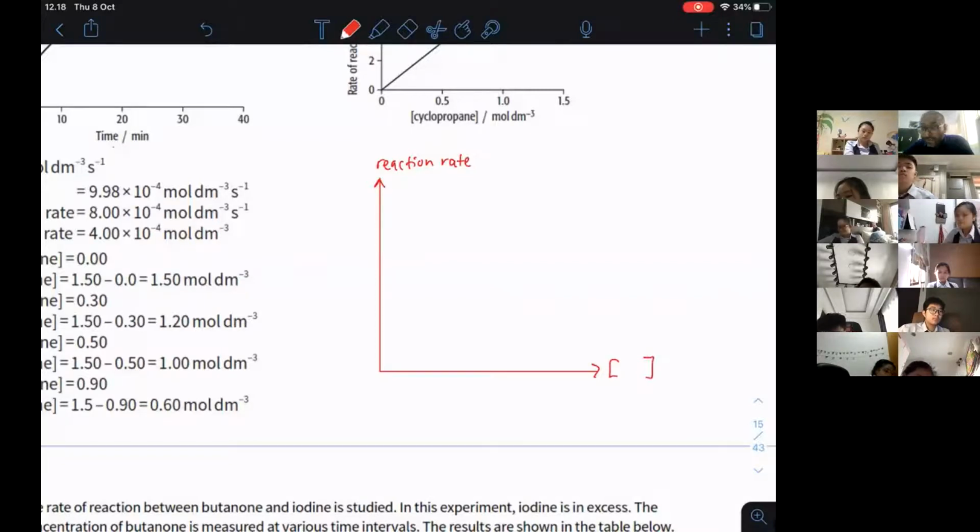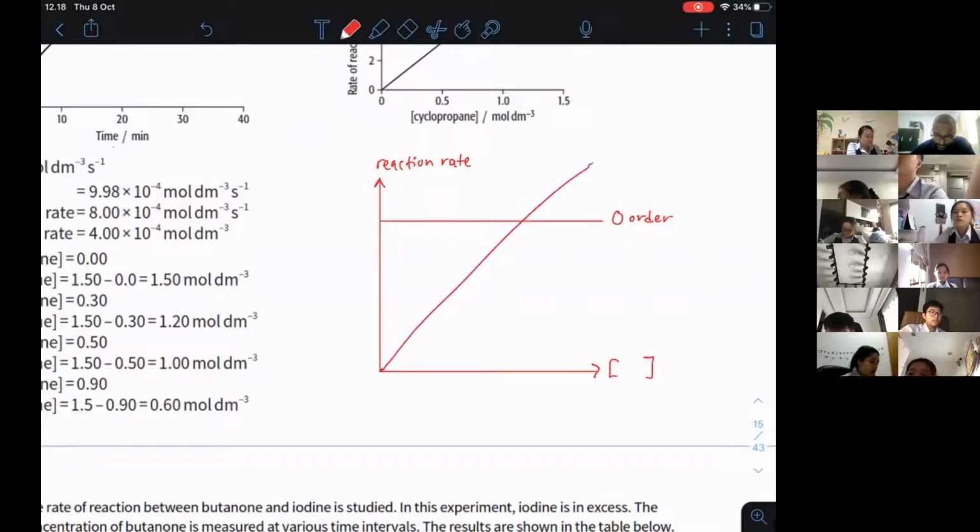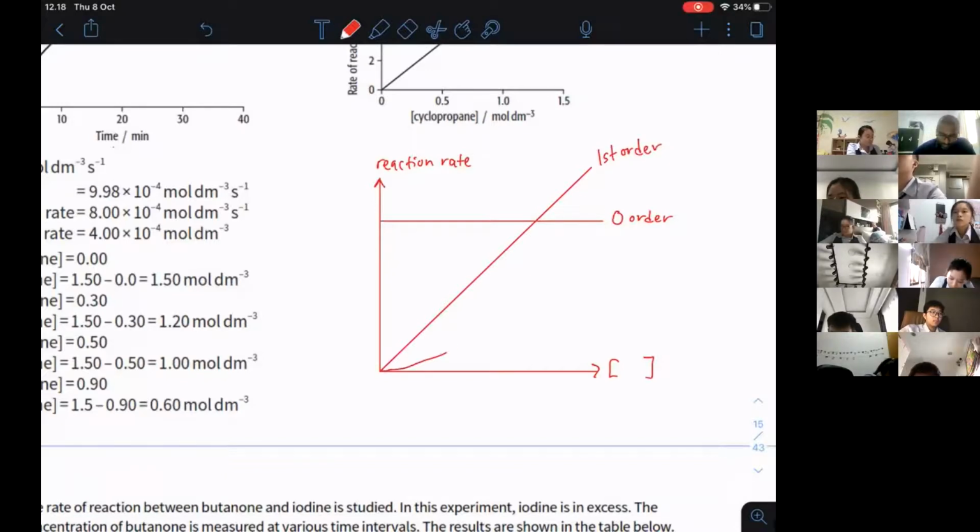Reaction rate and concentration, you have 3 types of graph. We have zero order. This is zero order. First order is going to be from here to here. This is first order. Second order is a quadratic graph.